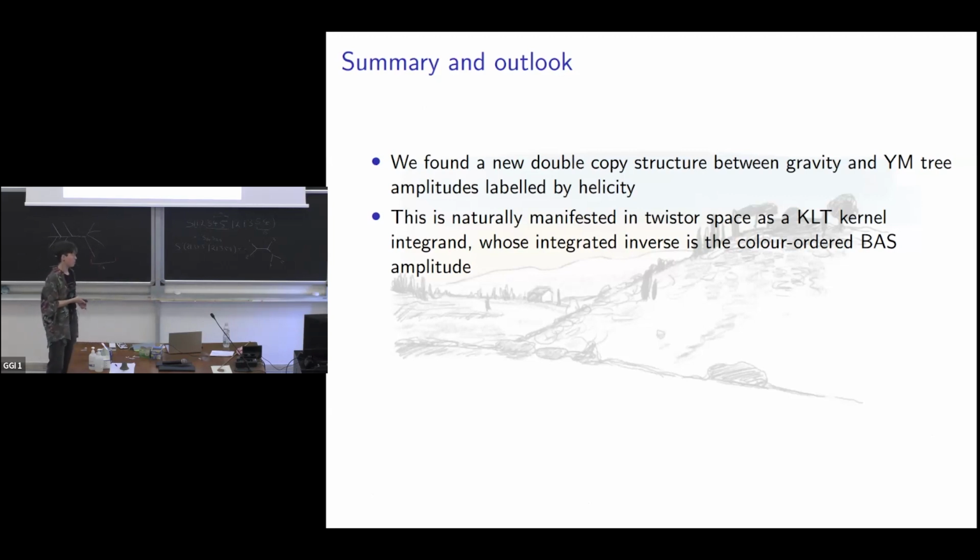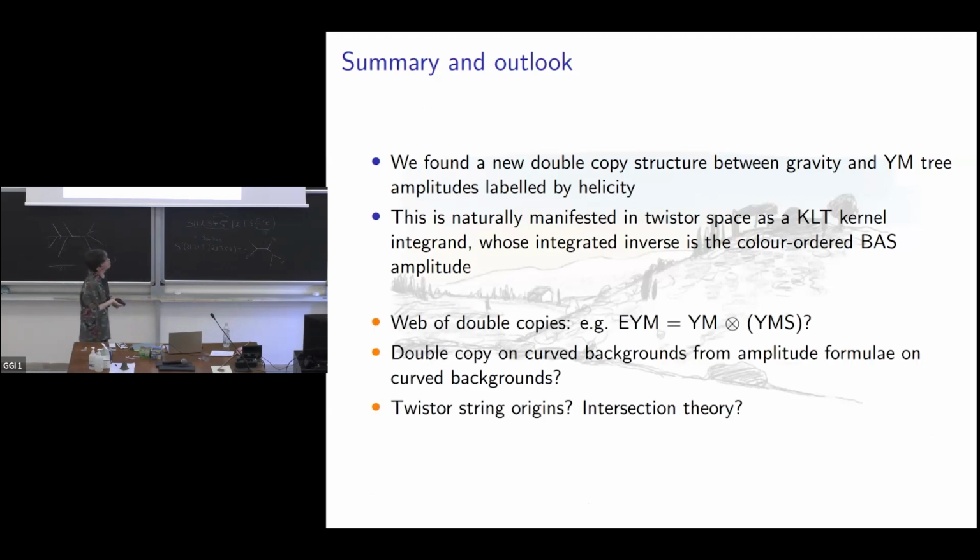And now some further directions that I'm interested in are, can you extend this to other theories? So there exist, for example, Einstein-Yang-Mills formulae in twistor space. This would basically be a consistency check for this type of double copy, whether we can construct some other theories like this.